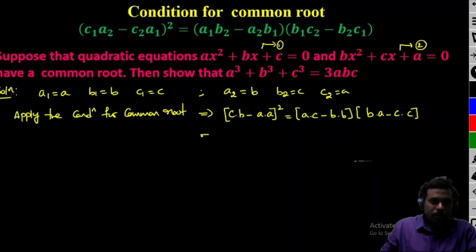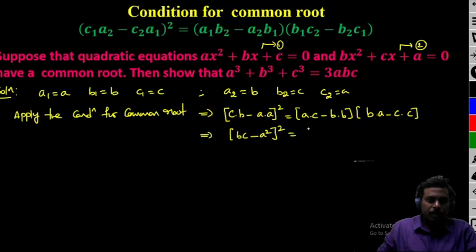Now if I rewrite this, it is bc minus a square whole square, which is equal to ac minus b square into ab minus c square.